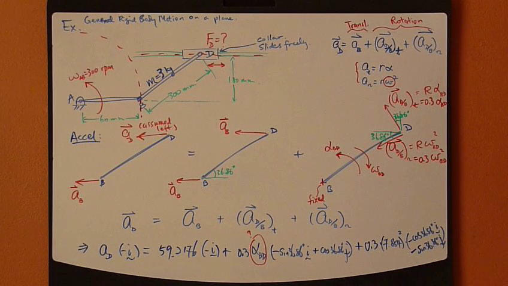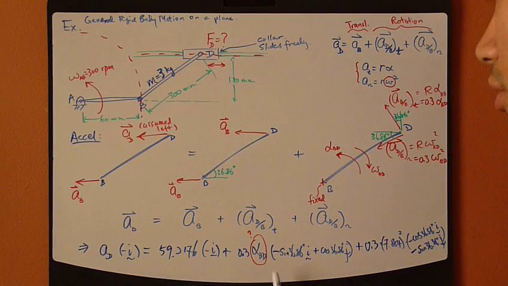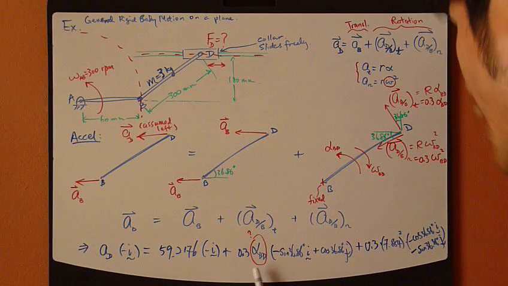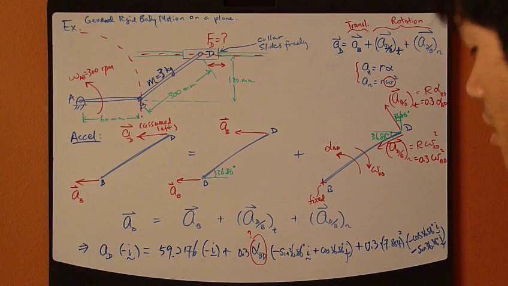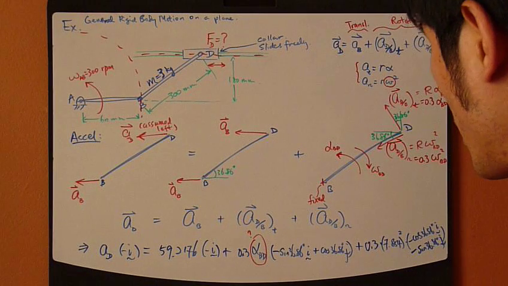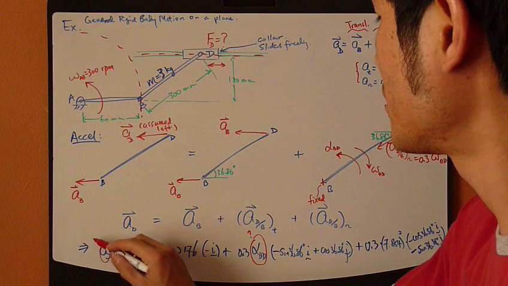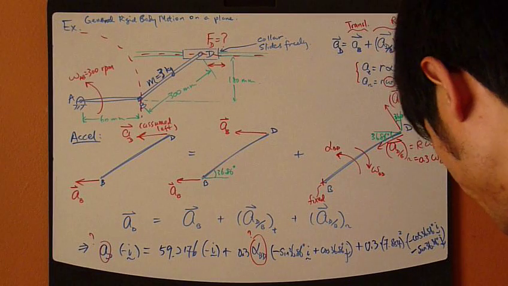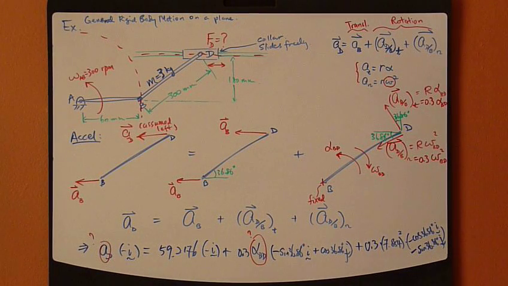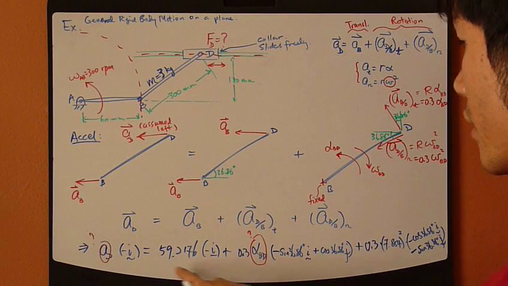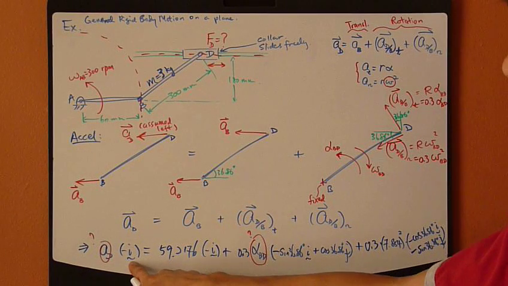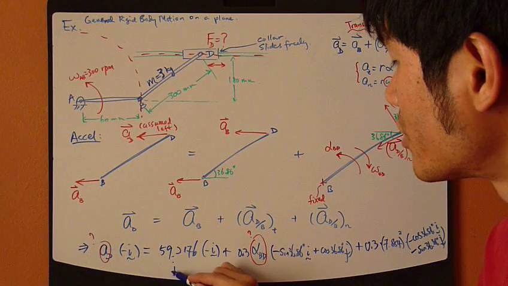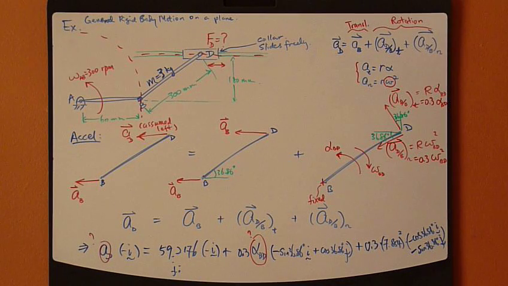So here, there are two unknowns, right? The AD, and alpha BD. But to solve for alpha BD, since this other unknown is only in the I direction, I can just take the j component only.